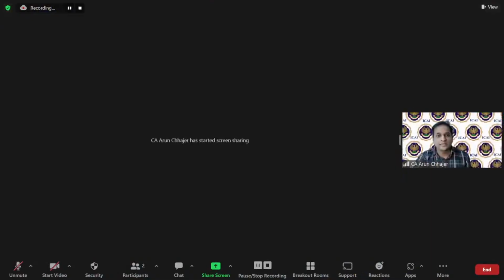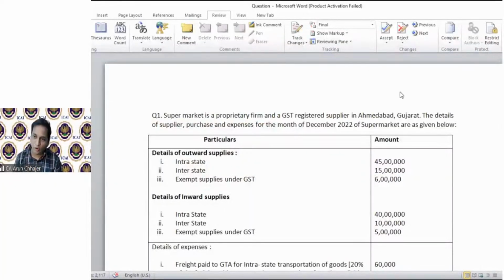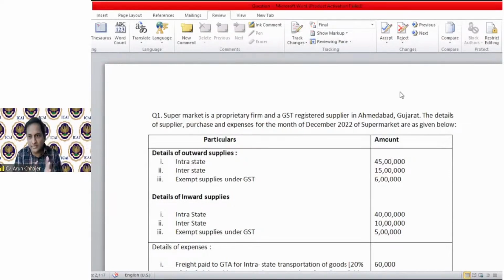Fine. So the pattern of practical case study would be, first I will discuss line by line item, implication, and then we'll come to the solution. That would be the pattern. Okay.